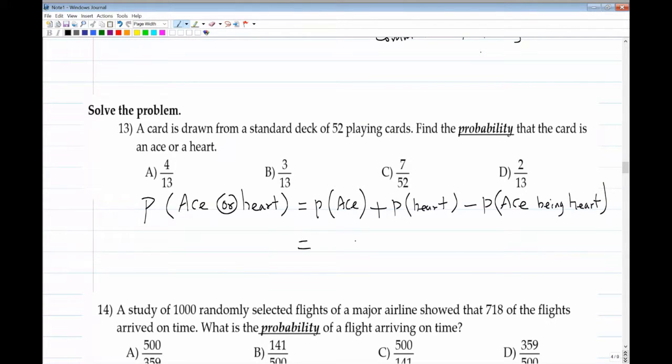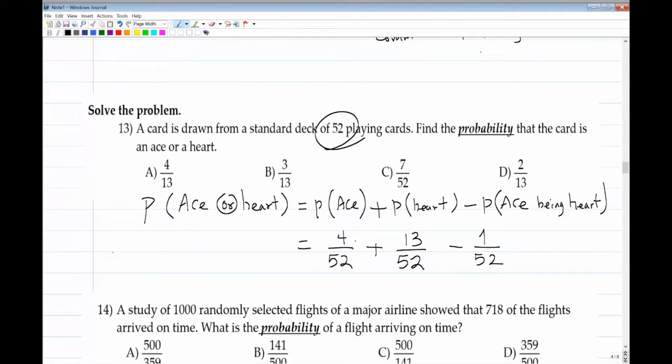So how many aces are there in the deck? We have 4 aces out of 52. How many hearts are there in the deck? There are 13 hearts out of 52 cards, because that's the total number of cards in the deck. We have 1 ace which is a heart, so we have to subtract the common element.